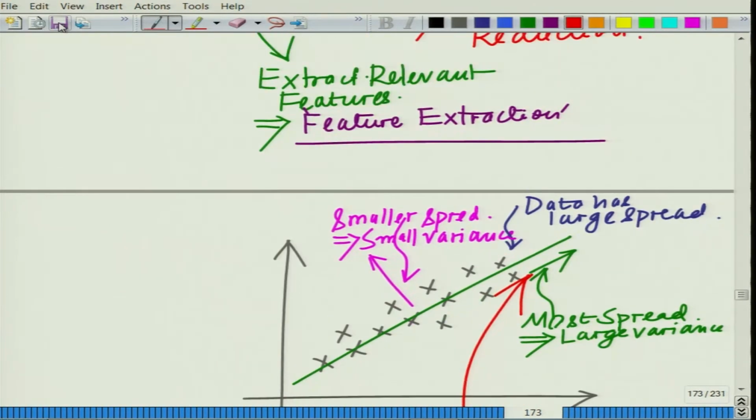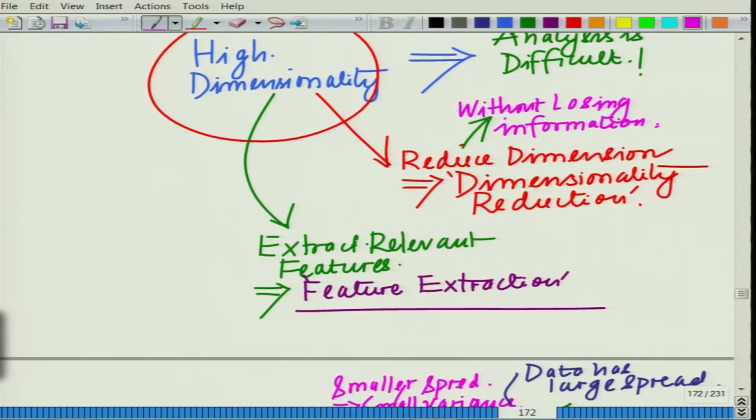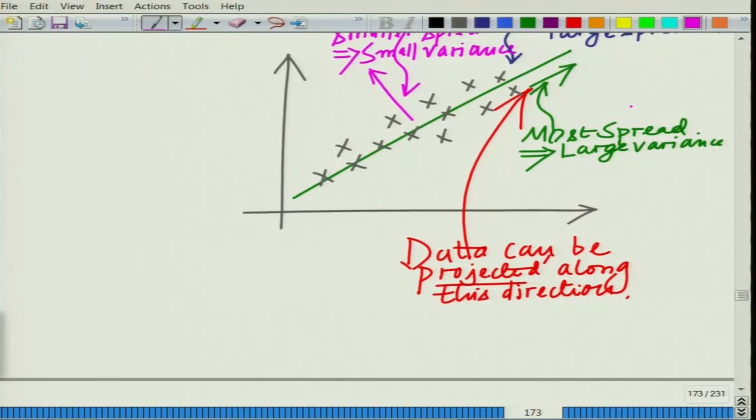What we mean by dimensionality reduction is that we reduce the dimension without losing information, or rather, while minimizing the loss of information, right. So, you are still capturing the maximum amount of energy that is there in the data.